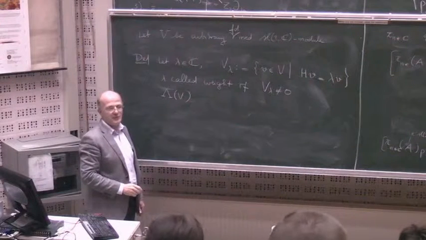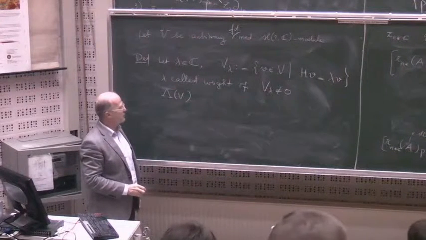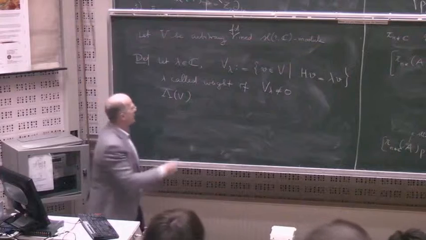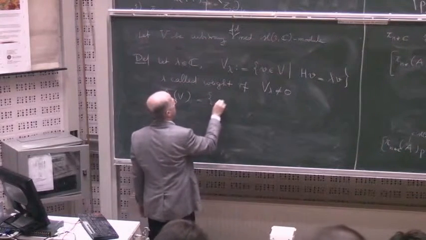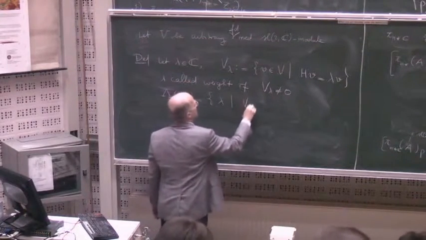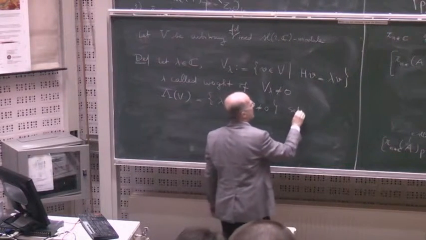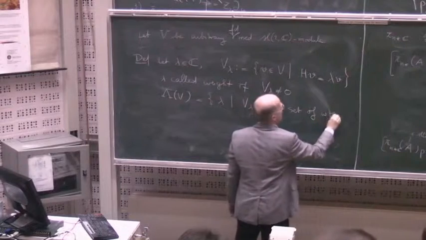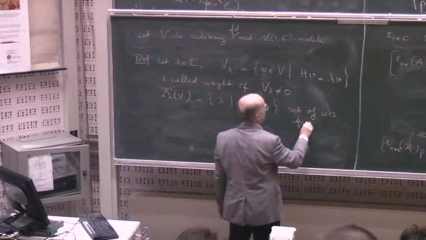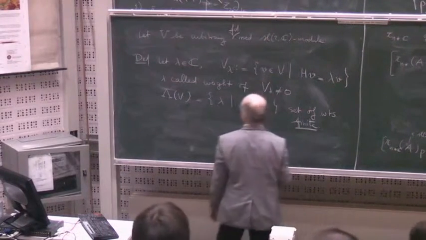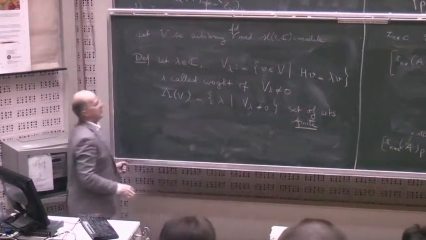It's the set of weights, or the set of eigenvalues of the action of H. It is the set of weights, and this is finite by finite dimensionality of V.